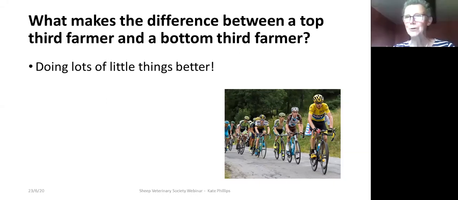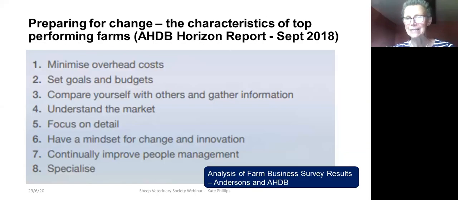And what I thought we'd do now, there was an analysis done by Andersons and HDB. They took all the data from the Farm Business Survey results and compared top third and bottom third farmers, and came out with this list of what top farmers do as opposed to bottom farmers. So they minimise the overhead costs, and that set of data just demonstrated that.